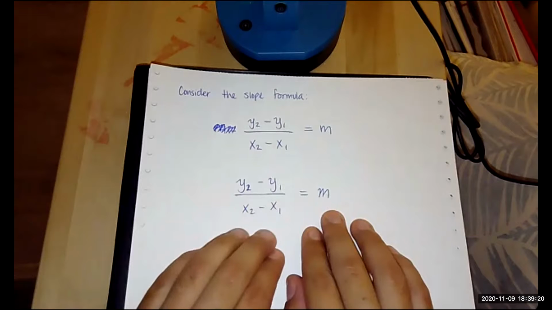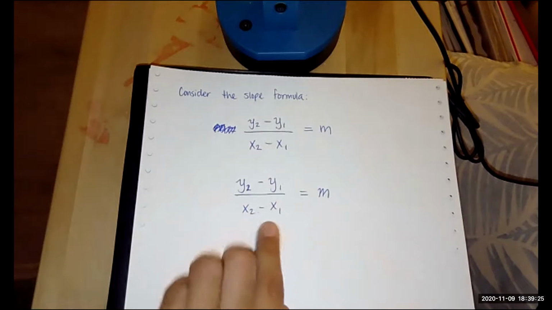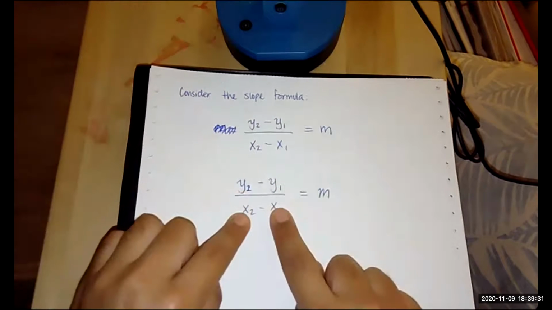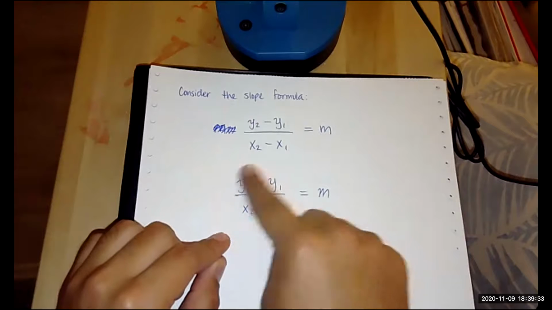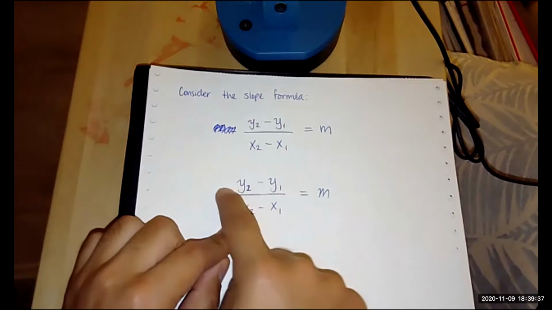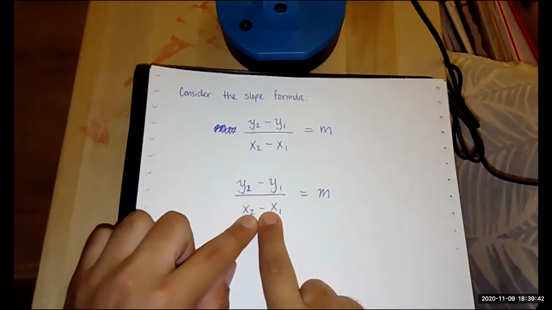We can manipulate it using all of the techniques that we've learned up to this point. If we have x2 minus x1 on the bottom and I need to cancel that out, I'm really dividing, right? A fraction is a division problem. So whatever y2 minus y1 is, that's being divided by x2 minus x1, whatever number that is.